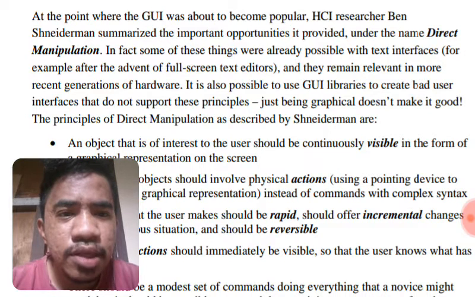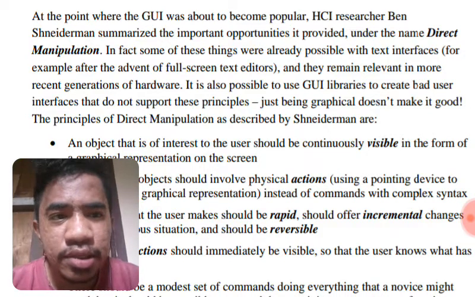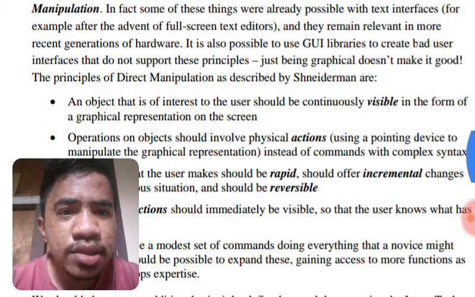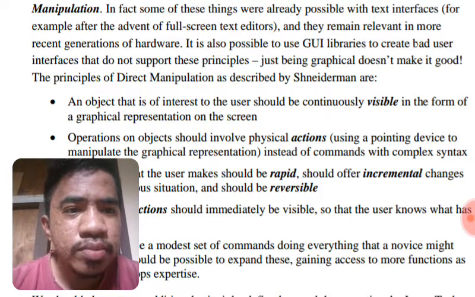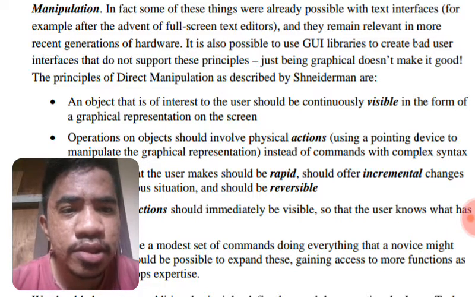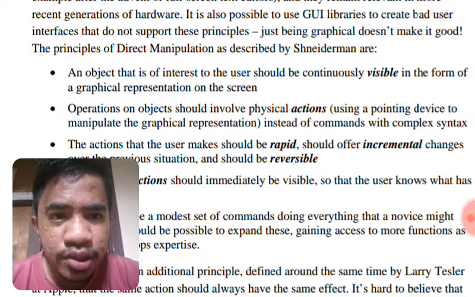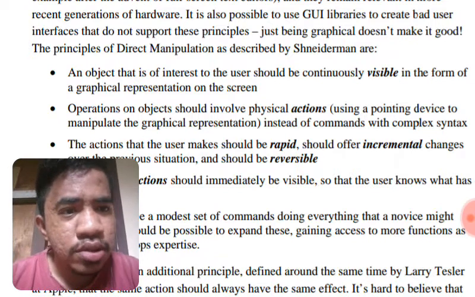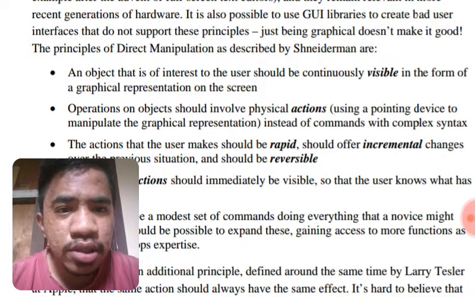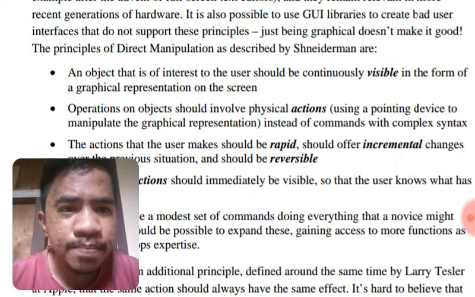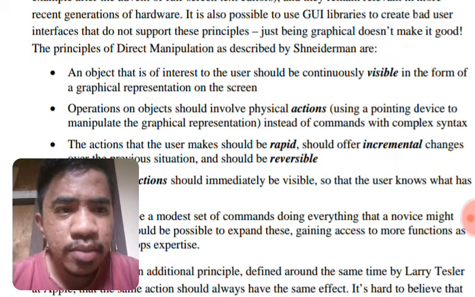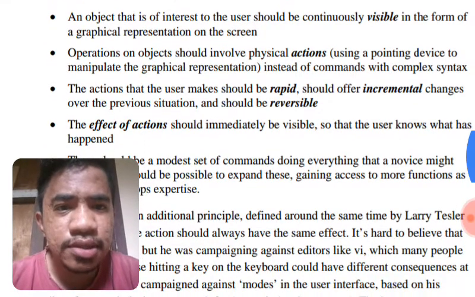The principles of direct manipulation as described by Shneiderman are: an object that is of interest to the user should be continuously visible in the form of a graphical representation on the screen. Operations on objects should involve a physical action, using a pointing device to manipulate a graphical representation, instead of commands with complex syntax.